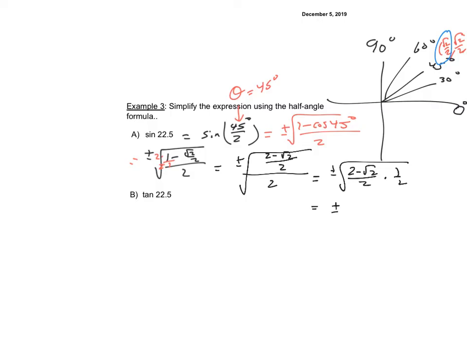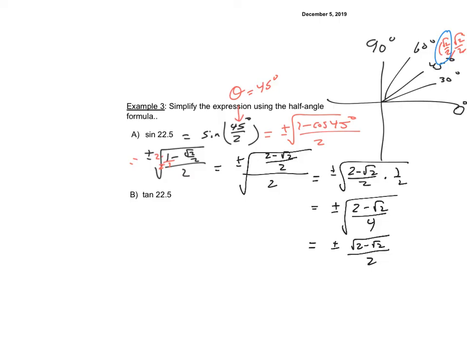So that's plus or minus. Multiply your numerators, multiply your denominators, we get 2 minus the square root of 2 over 4. And so up here in the numerator, I get the square root of 2 minus the square root of 2. Down here in the denominator, square root of 4 is 2.